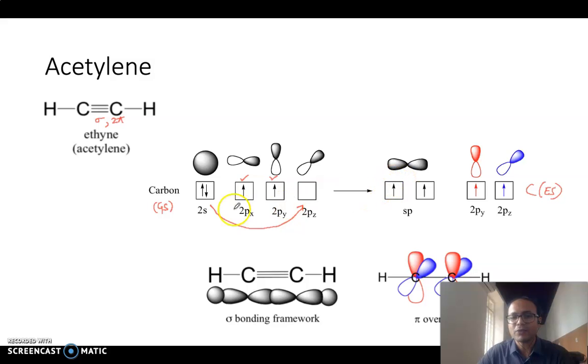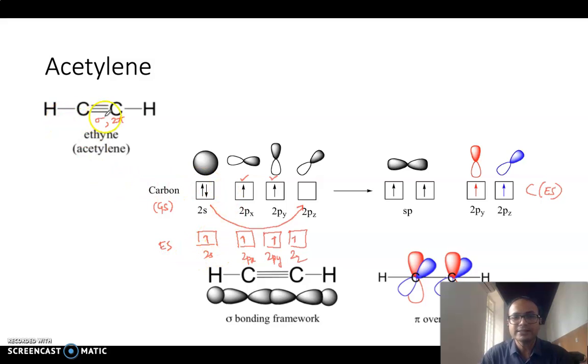Let me write one more structure so you clearly understand it. The excited state electronic configuration is something like this: 2s, 2px, 2py and 2pz.